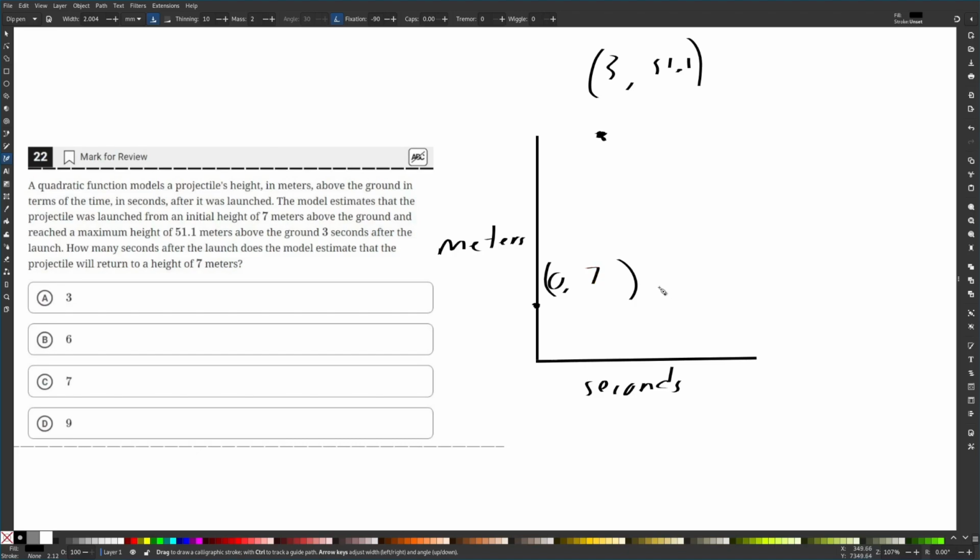Okay, and now to add another point to this, we can use the symmetry of this parabola. Because we know after 3 seconds, it's going to go up, and after another 3 seconds, it's going to be in the same place. So this is also going to be (6, 7).